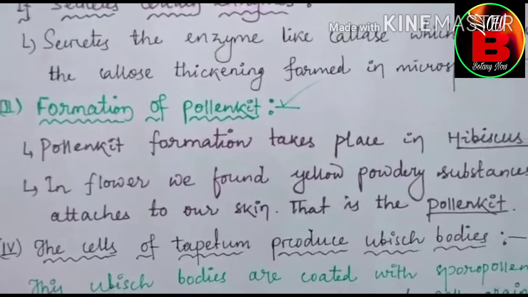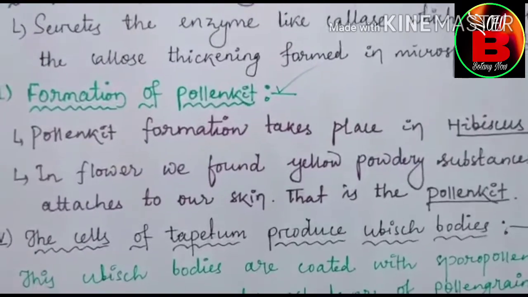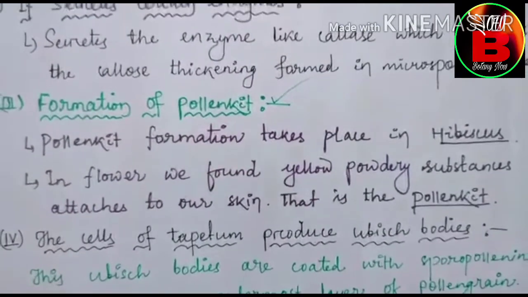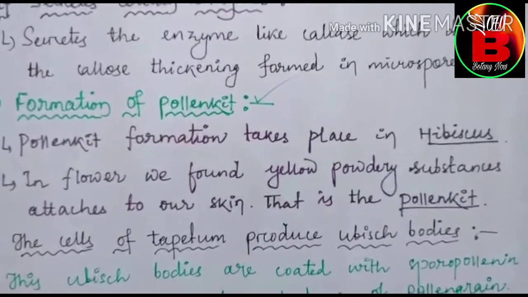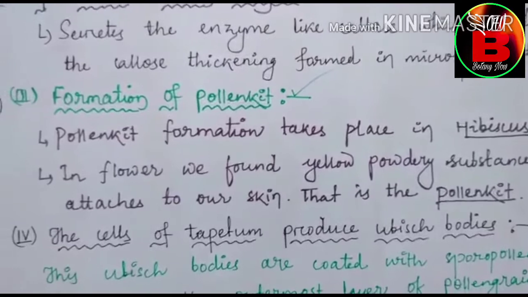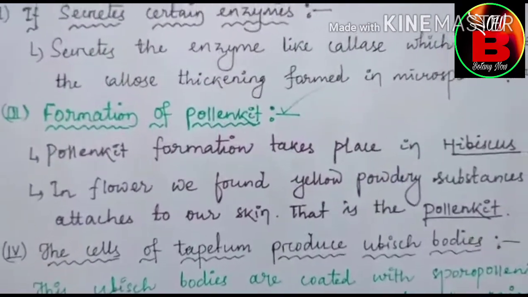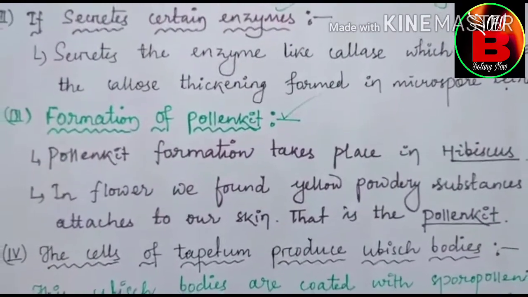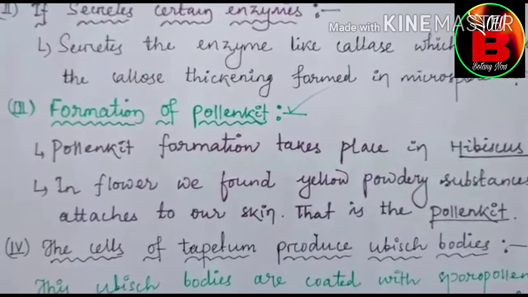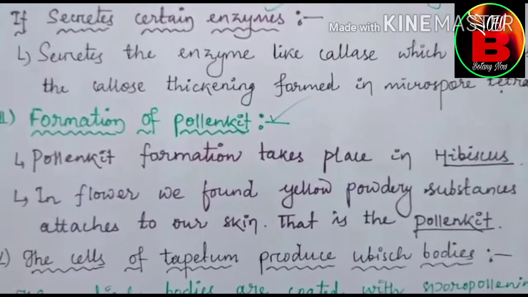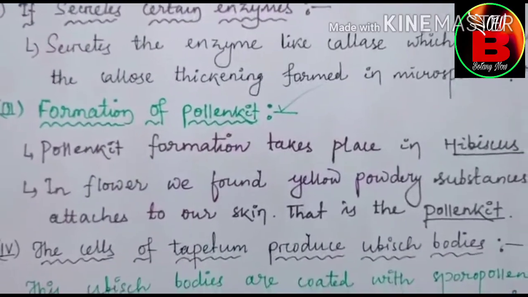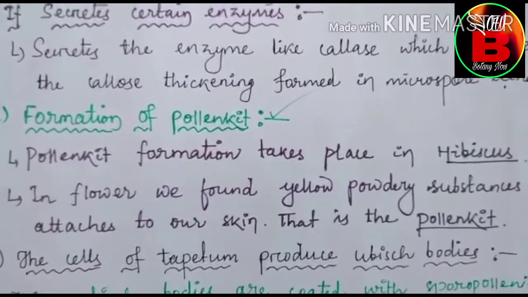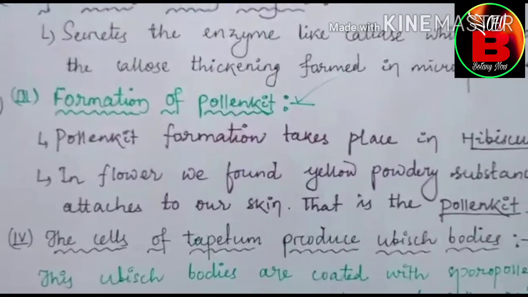By chance, when our skin comes in contact with the flower, we find a yellow powdery mass attached to our skin. That is the pollenkitt. This pollenkitt is formed by the tapetal cells, or the tapetum, and it is present in the form of a powdery mass.